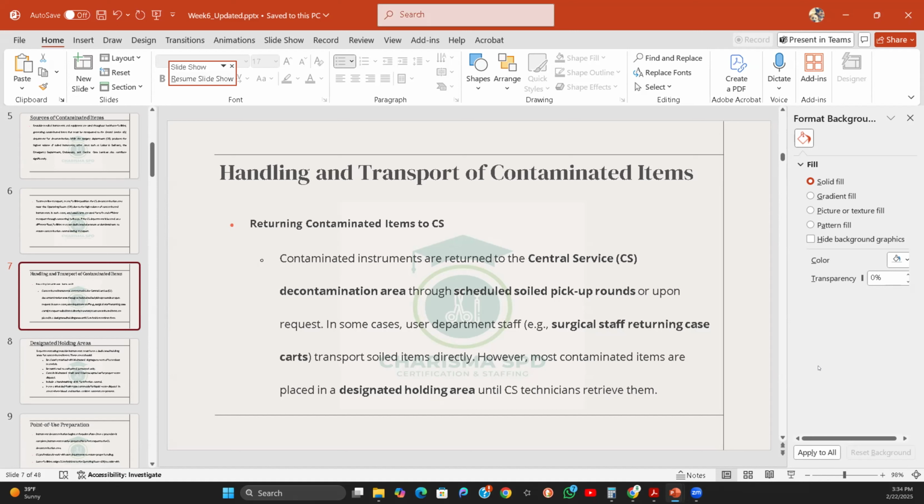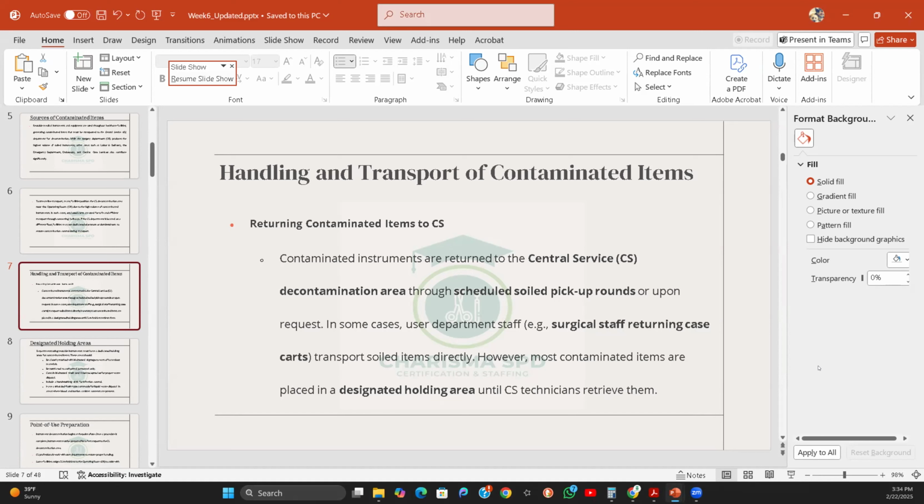It says contaminated items are returned to the Central Sterile Processing decontamination area through scheduled pickup rounds or upon request. In some cases, user department staff transport soiled items directly. However, most contaminated items are placed in designated holding areas until CS technicians retrieve them. I just want to explain this.